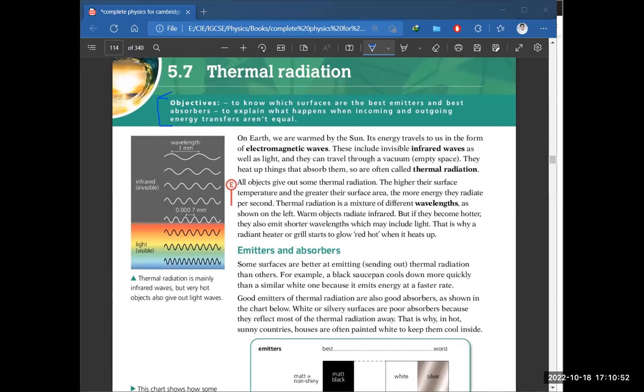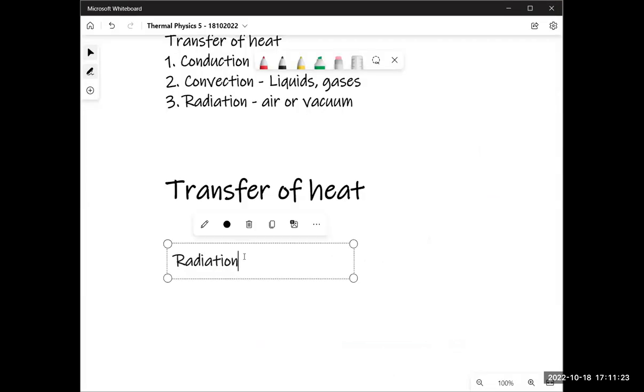To know which surfaces are the best emitters and best absorbers. To explain what happens when incoming and outgoing energy transfers aren't equal. All right. Now what we're realizing here is there's some things called emitters and some things called absorbers. Now what are these things? We'll look at that in a second. I'm going to make you write a few things, the key points, and first write all of that, then we'll look at the book again.